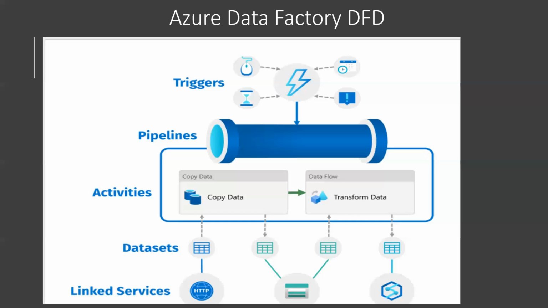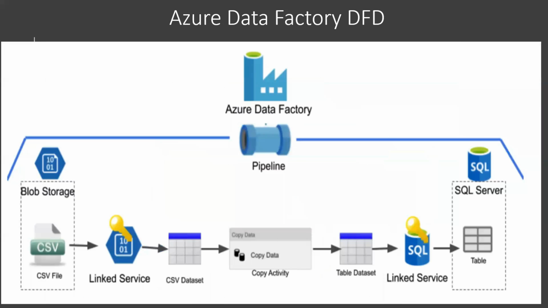So this is one data flow diagram, and you can see another data flow diagram to understand. So let's say you have one CSV file in the storage below, and with the help of a linked service or connection string, you have connected, and you will get the dataset in the format of CSV. After that, you are using a copy activity to copy the data and then move the data into the destination.